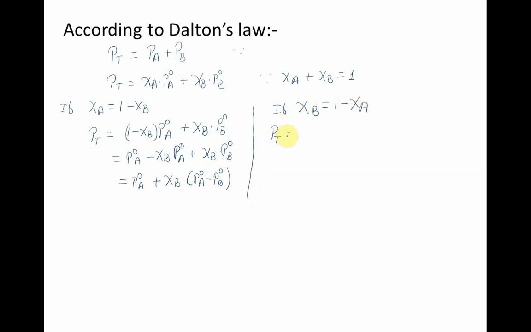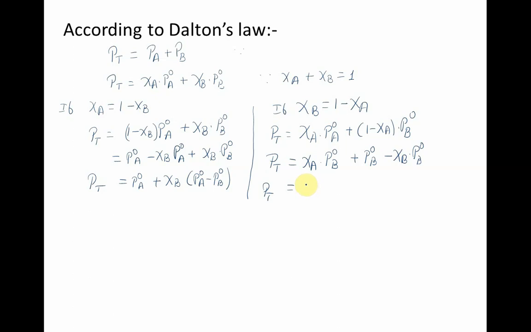P total is equal to XA into P naught A, mole fraction of A into P naught A, plus (1 minus mole fraction of A) into P naught B, or it can be written as P total is equal to P naught B plus mole fraction of A into P naught A minus mole fraction of A into P naught B. Finally, I can write it as P total is equal to P naught B plus mole fraction of A into (P naught A minus P naught B). Hence the expression. Please note it down.